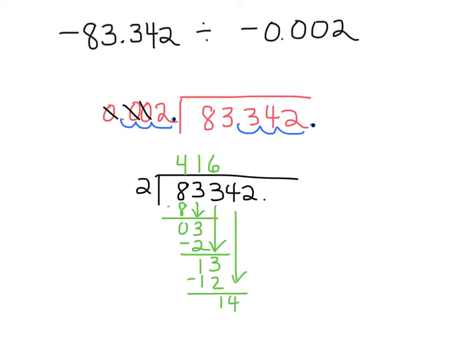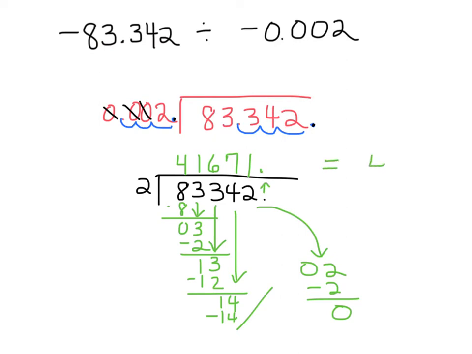Bring down my 4, which is 14. 2 goes into 14 7 times, which is 14. I get 0, and then I'll bring down my 2 over here. 2 goes into 2 once, which is 2. So I end up with 0 at the end, and then again, bring your decimal straight up. So my final answer is 41,671, and then a negative divided by a negative is a positive.